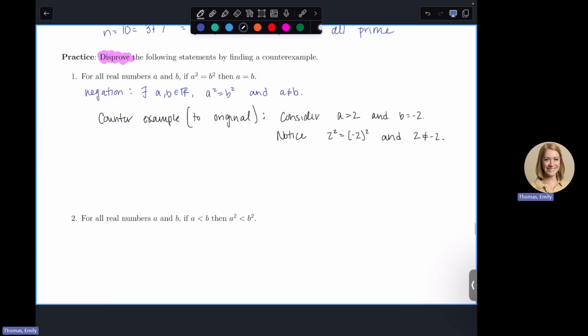Number 2, we have for all real numbers a and b, if a is less than b, then a squared is less than b squared. To disprove this, what would you prove?